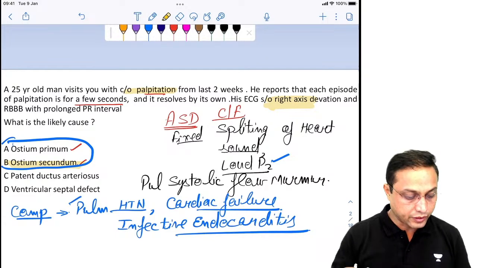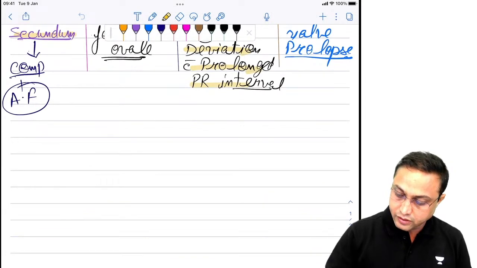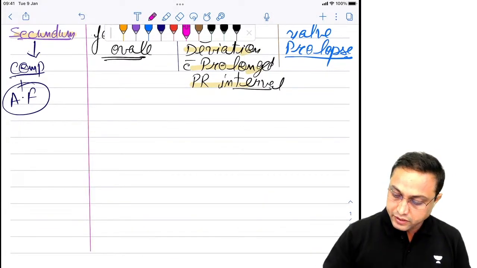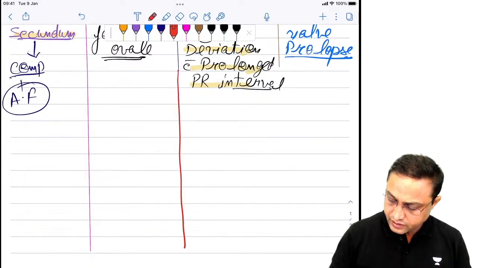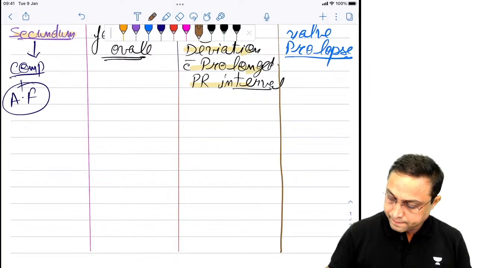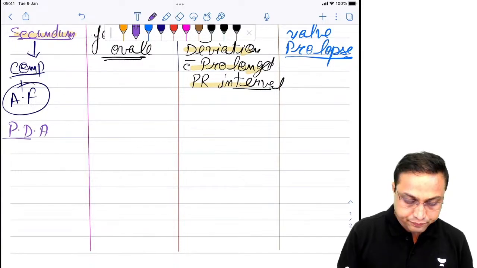Now another characteristic feature we would like to focus on is patent ductus arteriosus. Let's quickly revise it. What happens in PDA?